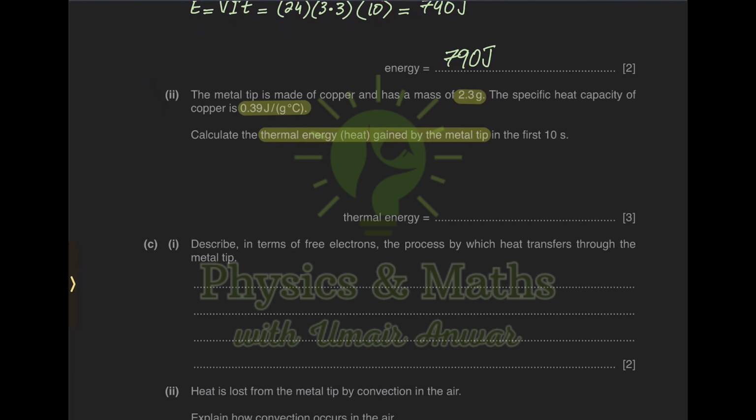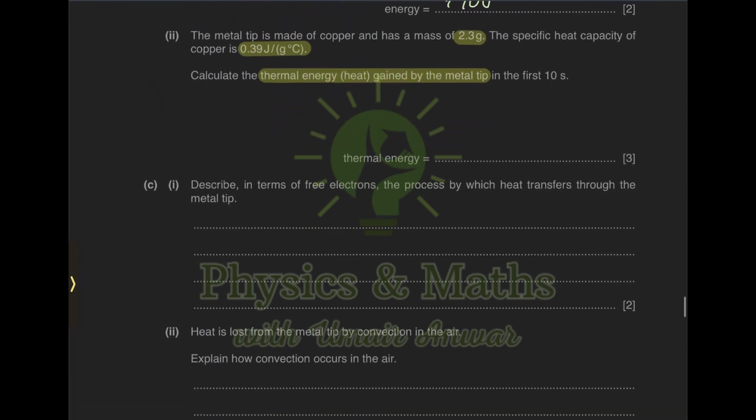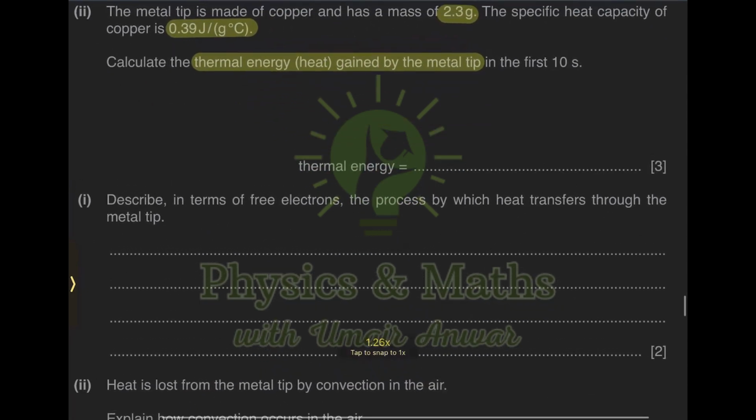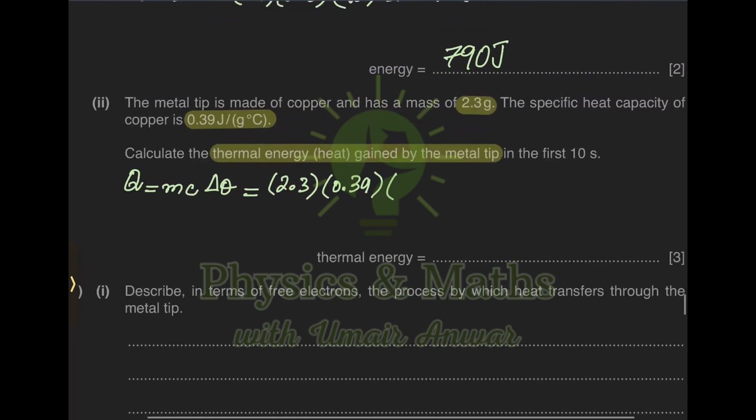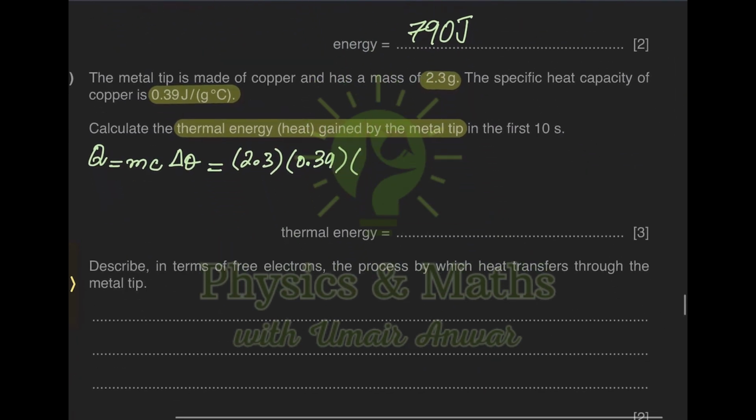During these first 10 seconds, how much thermal energy is being gained by the metal tip? Now, heat energy gained is given by mcΔθ. The mass of the metal tip is given to be 2.3 grams. The specific heat capacity is 0.39 joules per gram per degree centigrade, and the change in temperature was from 20 to 320.